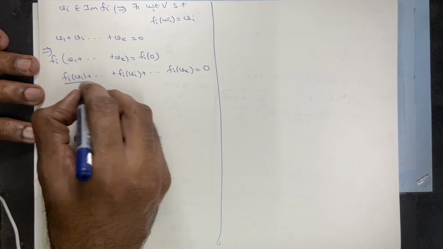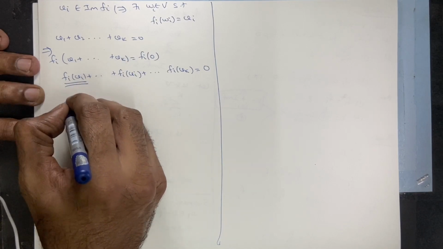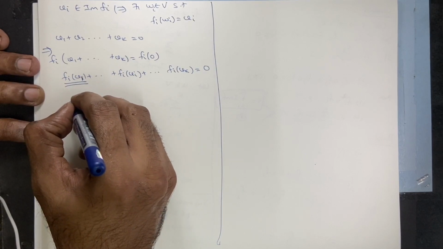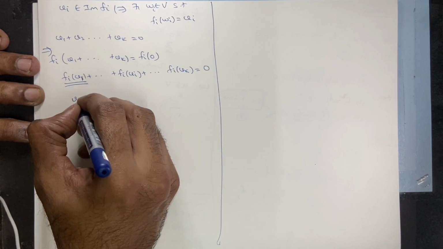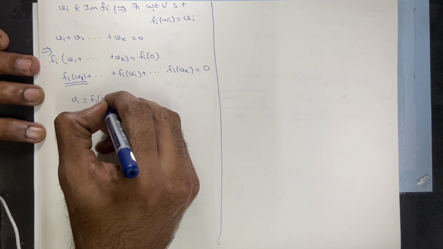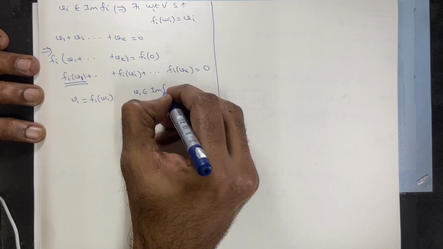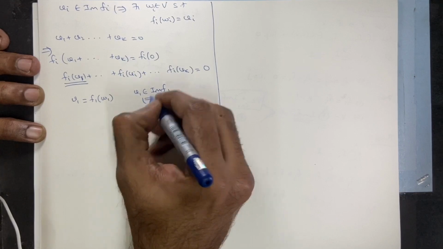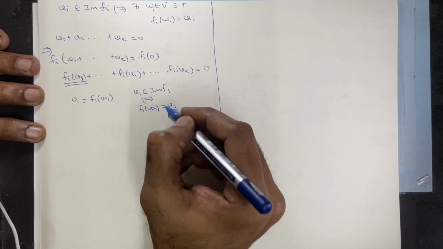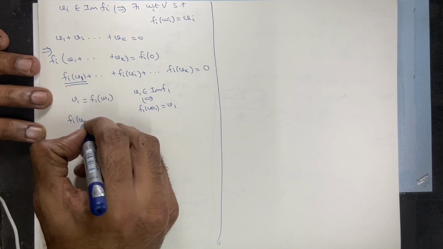Now what is this? V1 belongs to image of F1. That means V1 can be written as F1 of some W1. That's the definition, right? Because by assumption V1 belongs to image of F1, it's equivalent to saying that F1 of W1 is V1. Therefore, what is Fi of V1?